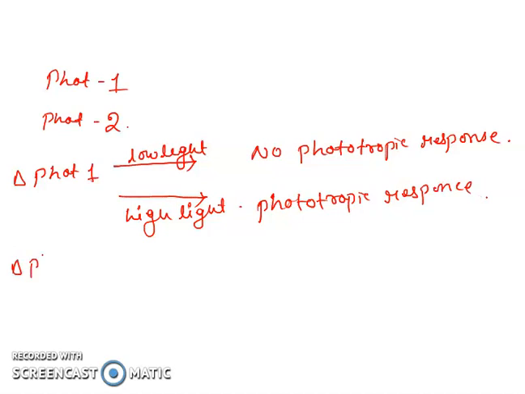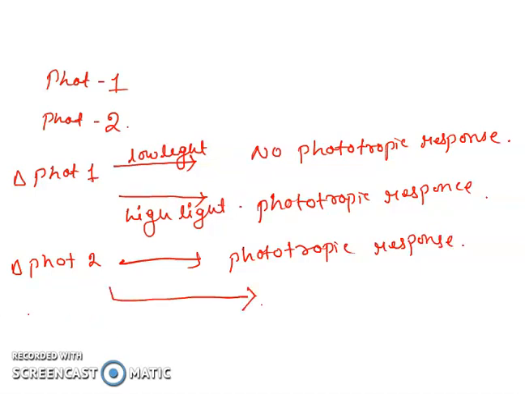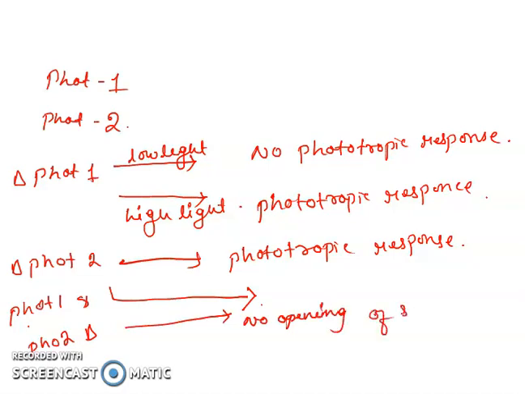And when FOT2 is mutated, it will show phototropic response. And when FOT1 and FOT2 are both mutated, there will be no opening of stomata.